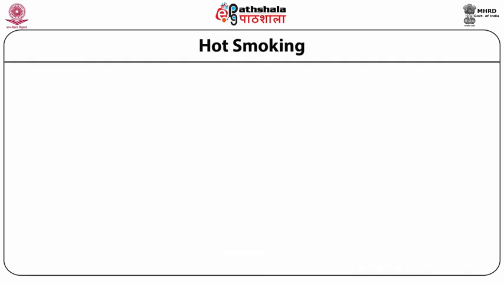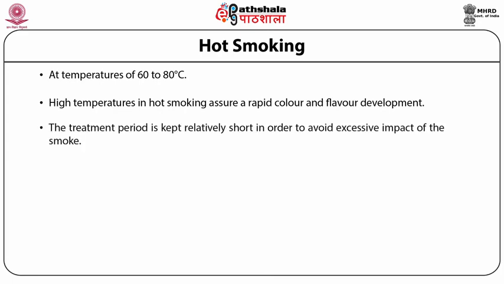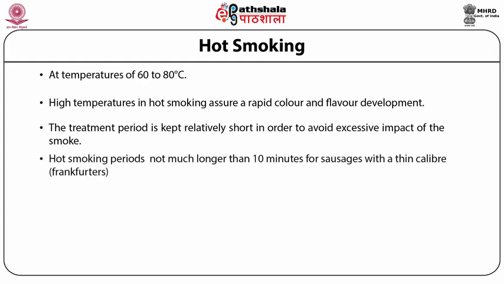Hot smoking. Hot smoking is carried out at temperatures of 60 to 80 degrees Celsius. Hot smoking assures a rapid color and flavor development. The treatment period is kept relatively short in order to avoid excessive impact of the smoke, with hot smoking periods not much longer than 10 minutes for sausage with a thin caliber like frankfurters.